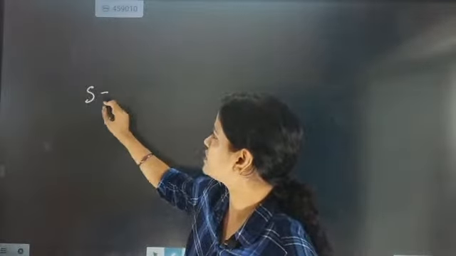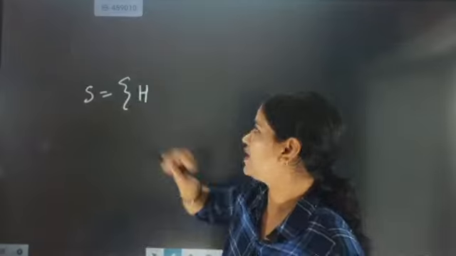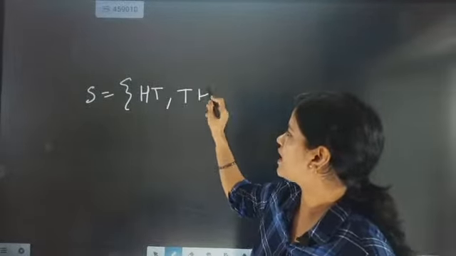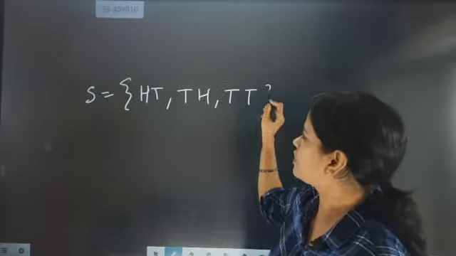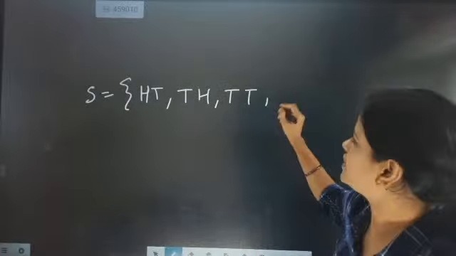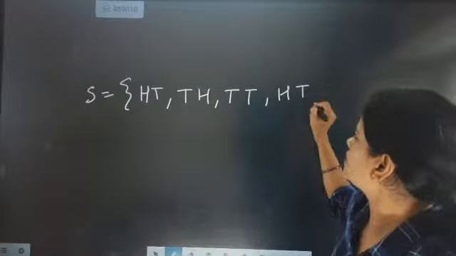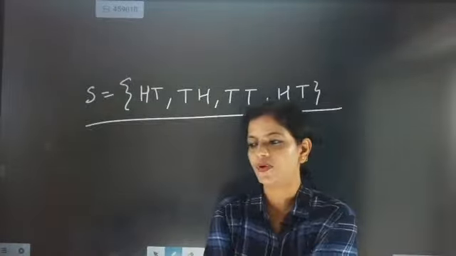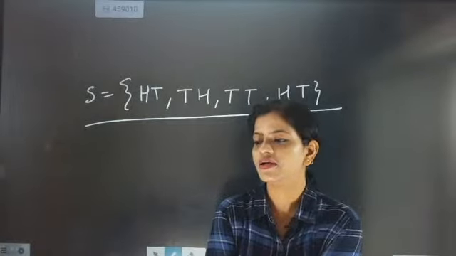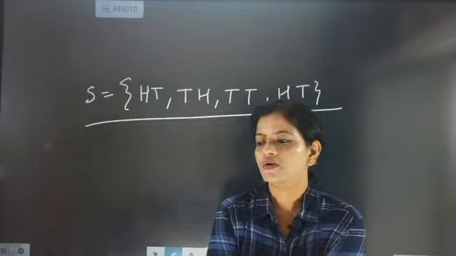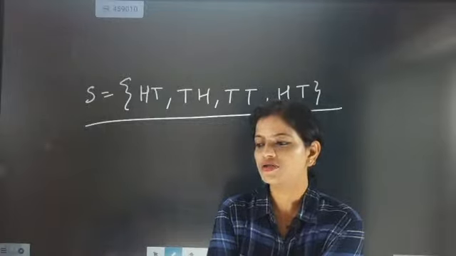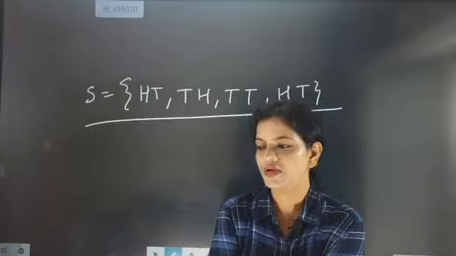Once we toss, I get head and he gets tail, he gets tail and I get head, and we both get tail. So total 4 possibilities are there.